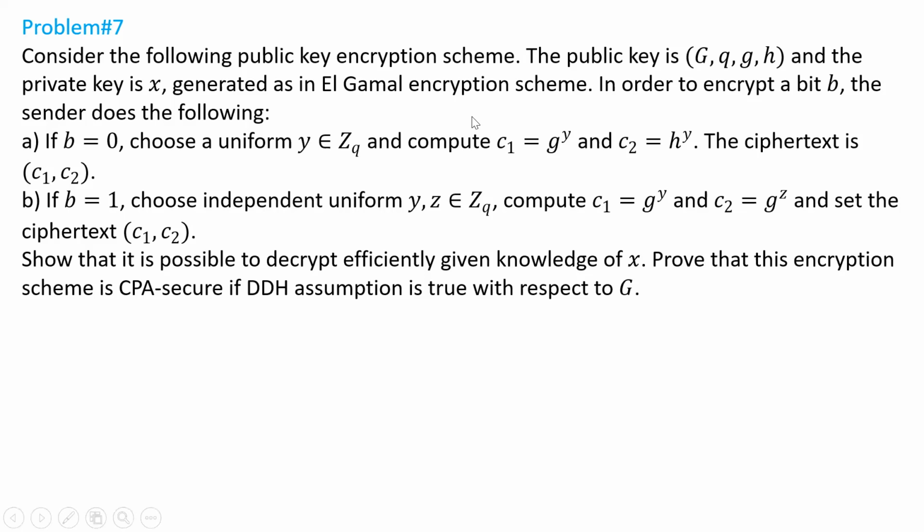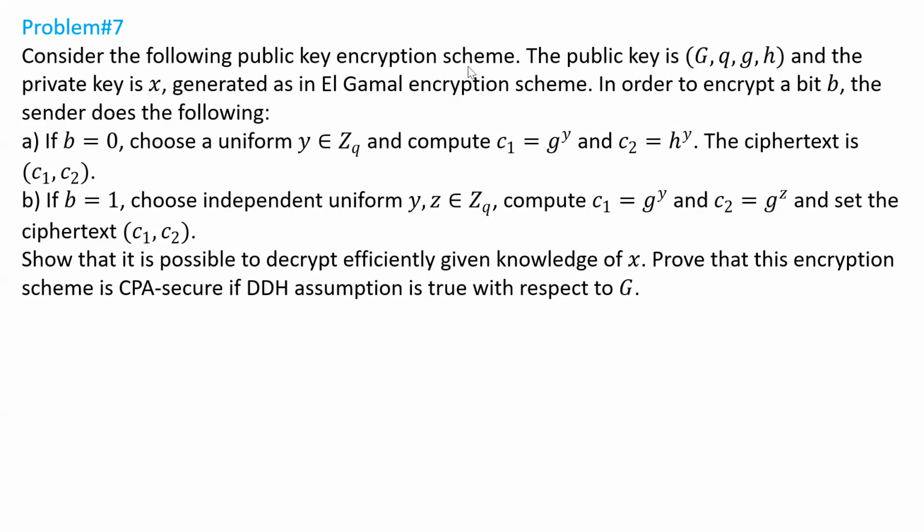So basically, if the adversary is seeing an encryption of 0, then h, c1, c2 is nothing but a valid Diffie-Hellman triplet visible to the adversary. Do you agree with me? The public parameter h, as you know, is nothing but g to the power x, where x is the private key.